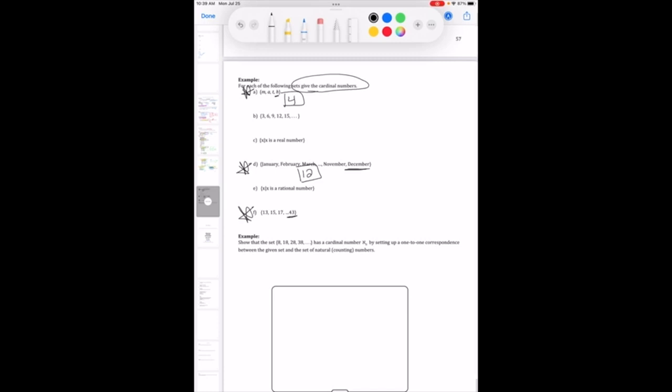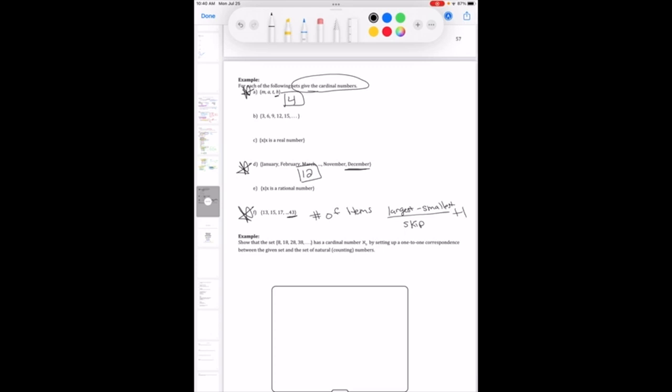I'm going to use what we did in the Gauss sum back in chapter 1 to find the number of items in the set. So a little bit of review. We use that to find the number of items in the set.